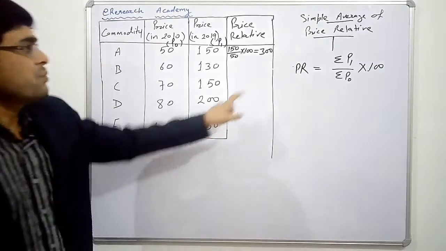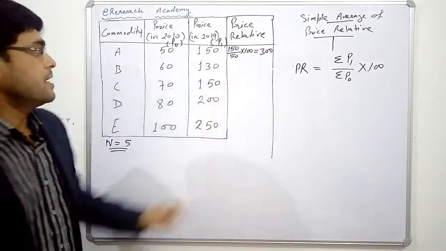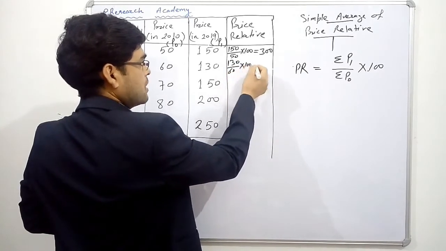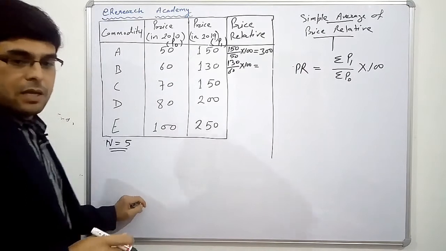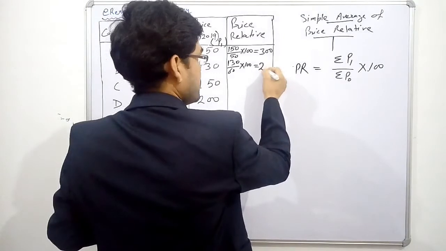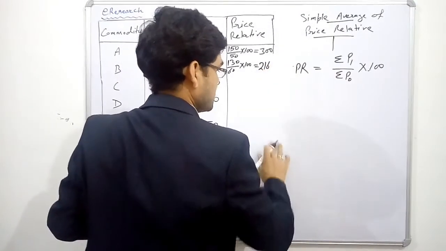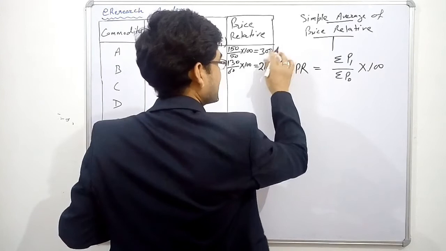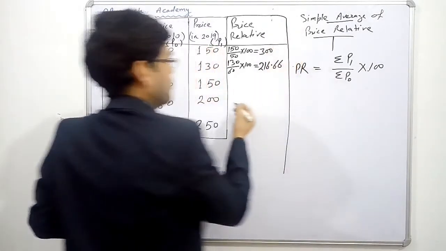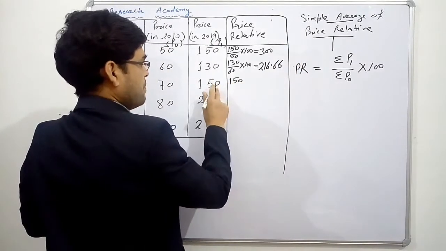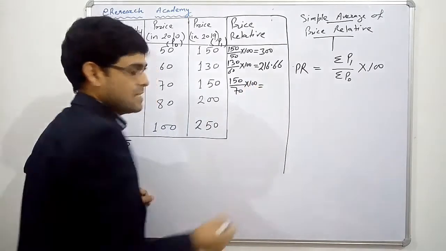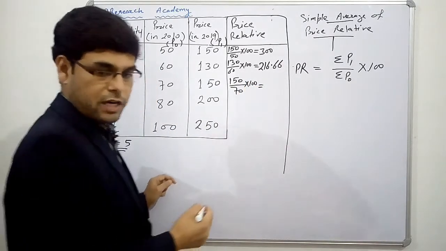The second commodity: 130 by 60 into 100 gives us 216.66. Next, P1 is 150 and P0 is 70, into 100, that gives us 214.28.